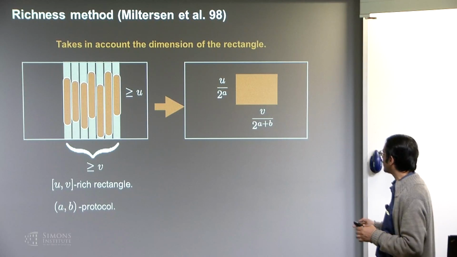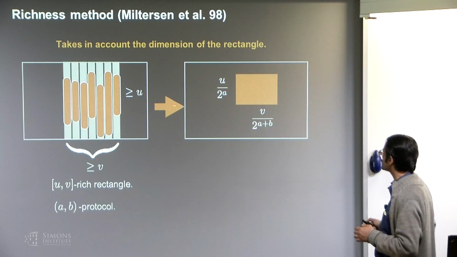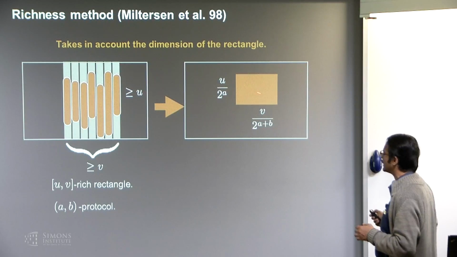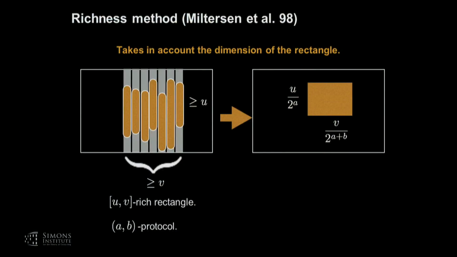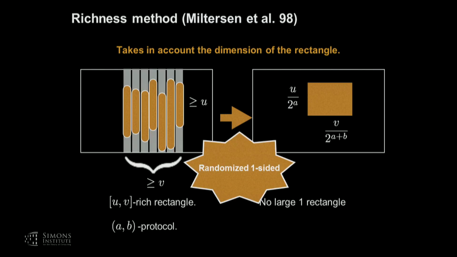in an AB protocol, if your matrix to start with was UV-rich, then you will have a large rectangle of this kind, and if you didn't have a rectangle of that kind, that would just show that there is no AB protocol. But the important point here is that this method is a bit too powerful, in the sense that it ends up proving not only deterministic lower bounds, but also randomized one-sided lower bounds.